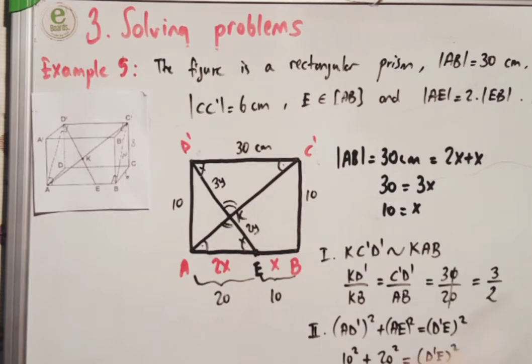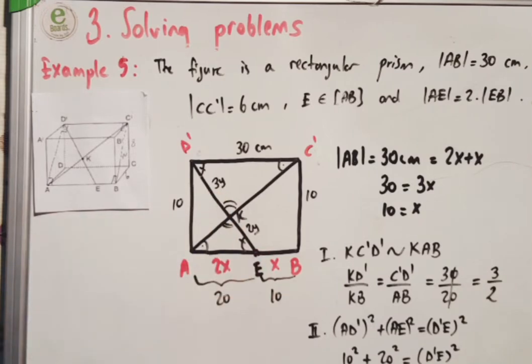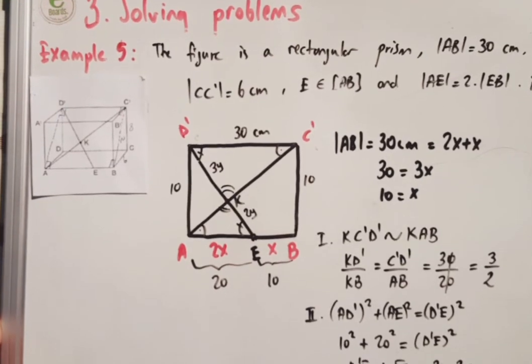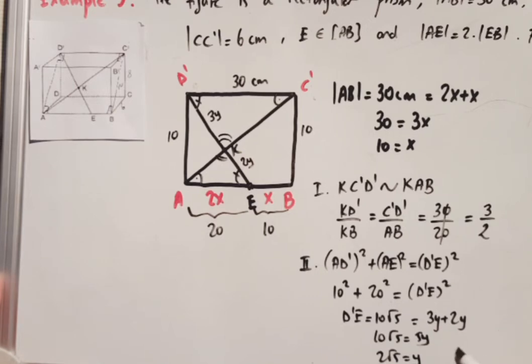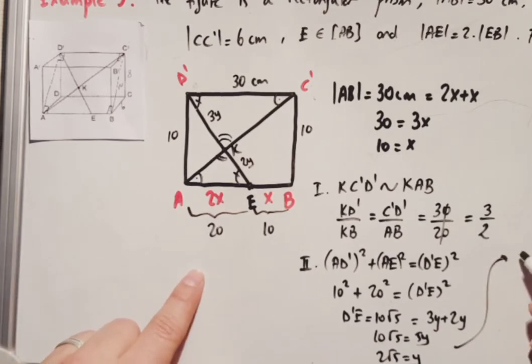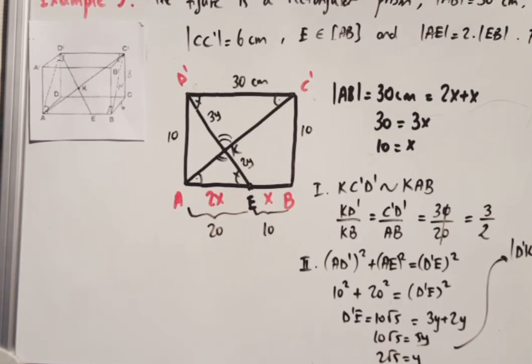And we had to find the length of D1K. D1K is 3y, so we will multiply by 3. So the length of D1K is 3 times 2√5, which is 6√5 centimeters.